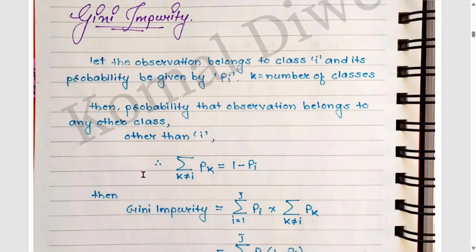Pi is the probability of class i, i represents the class, and K represents the number of classes.